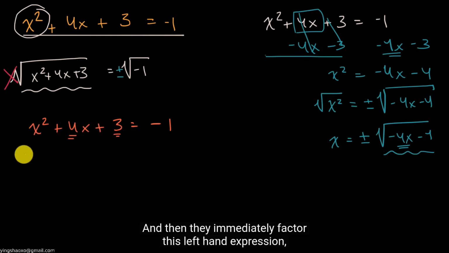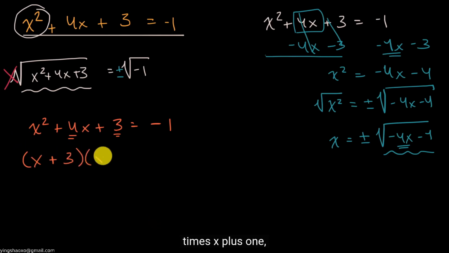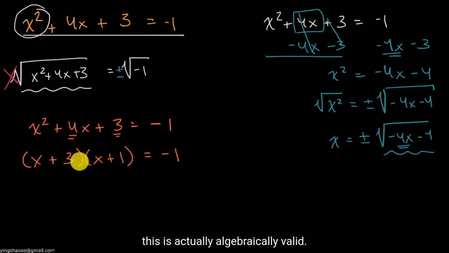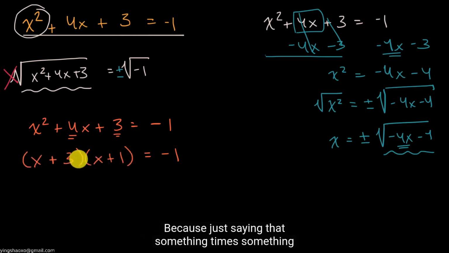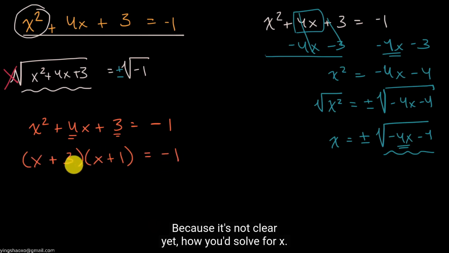And then they immediately factor this left-hand expression, say that's going to be x plus 3 times x plus 1, and then that's going to be equal to negative 1. And then they either are about to make a mistake. This is actually algebraically valid, but they either make a mistake or they realize that they're at a dead end. Because just saying that something times something is equal to negative 1 doesn't help you a ton, because it's not clear yet how you would solve for x.